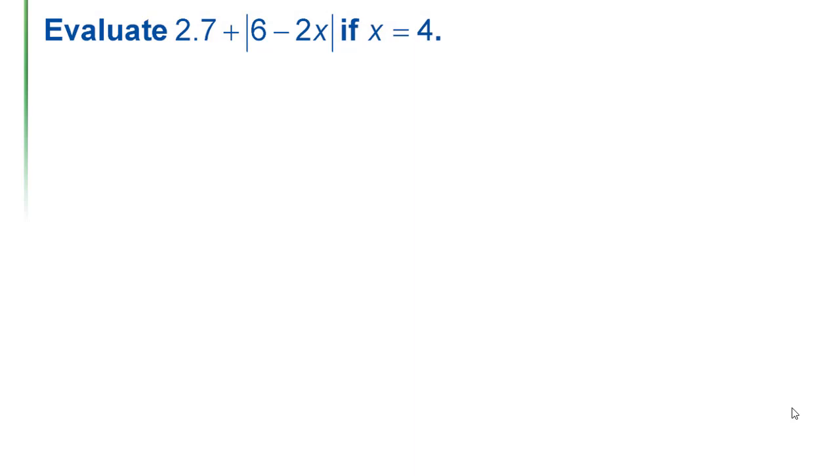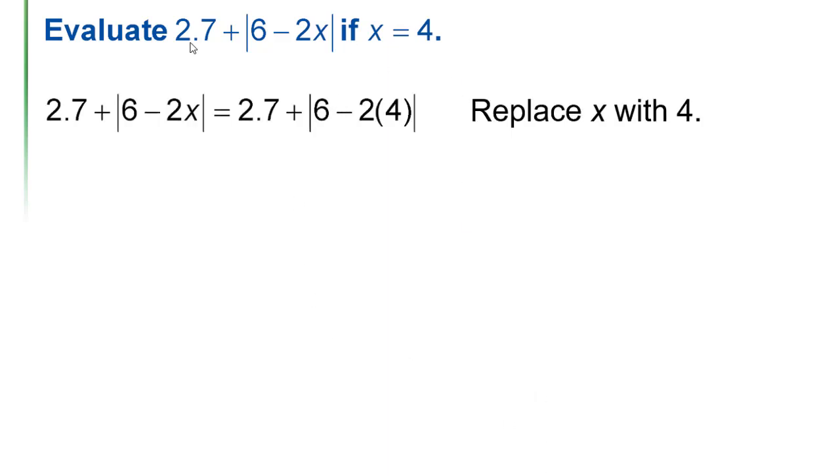Let's evaluate an expression that has absolute value involved in it. So we have the expression 2.7 plus the absolute value of 6 minus 2x if x is equal to 4. What we're going to do is substitute a 4 in everywhere we see an x. So we have now 2.7 plus the absolute value of the quantity 6 minus 2 times 4.